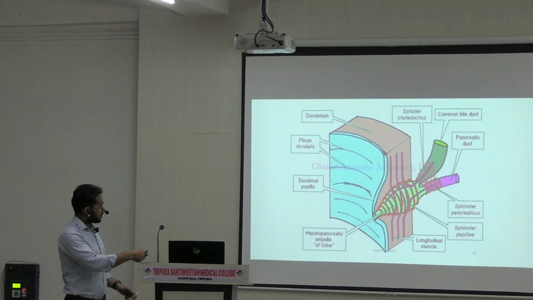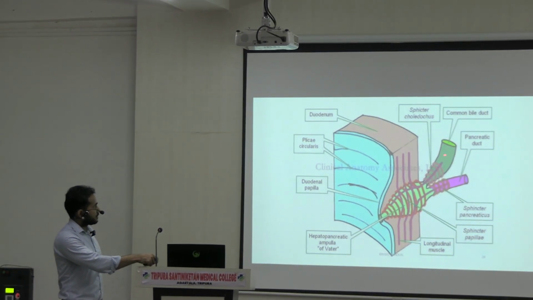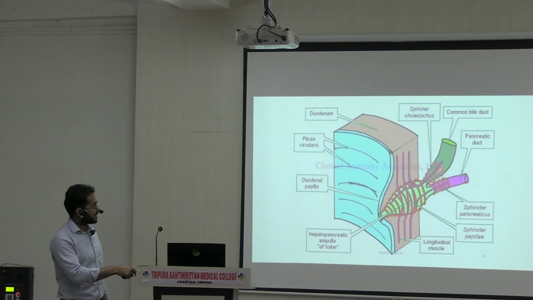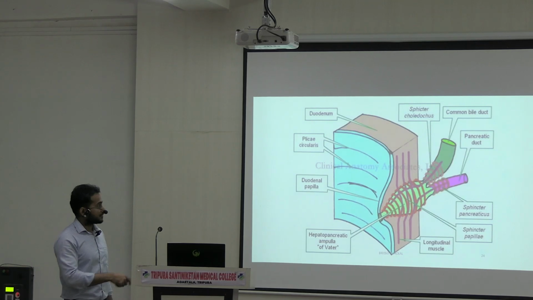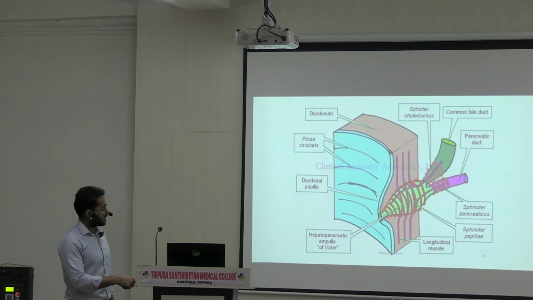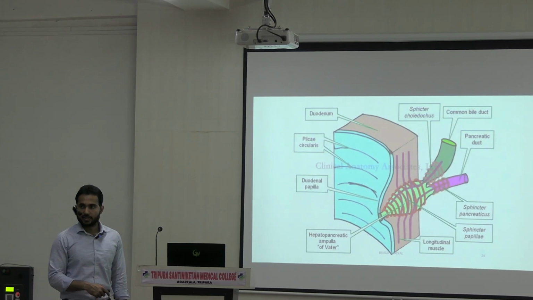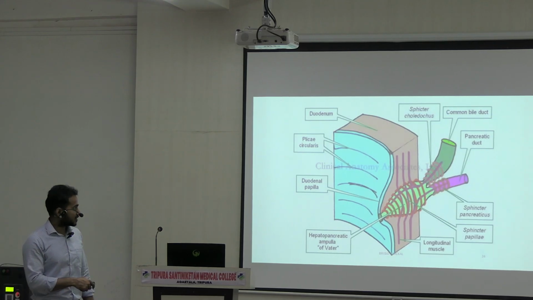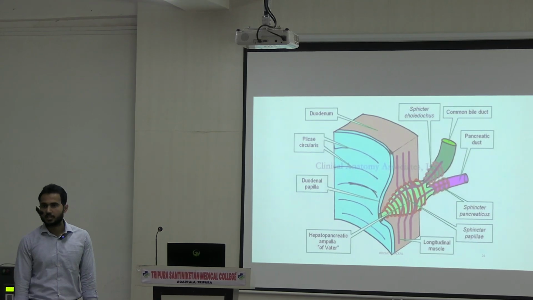Here is the diagram. In this diagram you can see the common bile duct and the main pancreatic duct. The sphincter at the terminal part of the common bile duct is the sphincter choledochus. Here it is the sphincter pancreaticus, and they join together to form the hepatopancreatic ampulla or ampulla of Vater. In that particular area, the sphincter present is called the sphincter of Oddi, O-D-D-I.